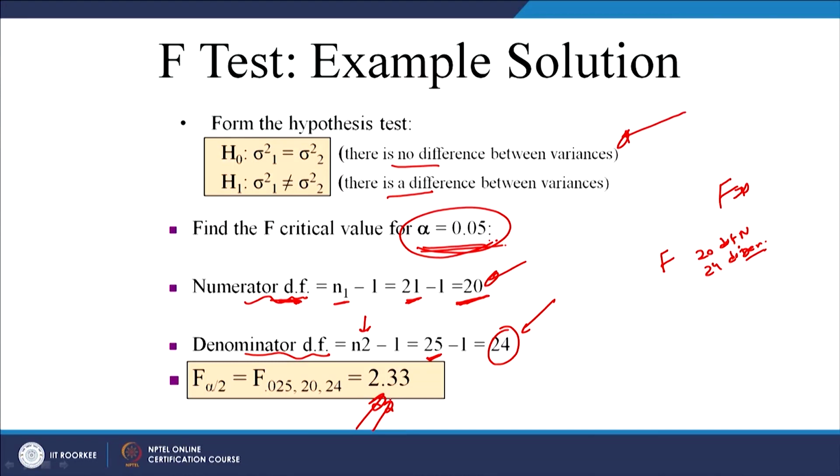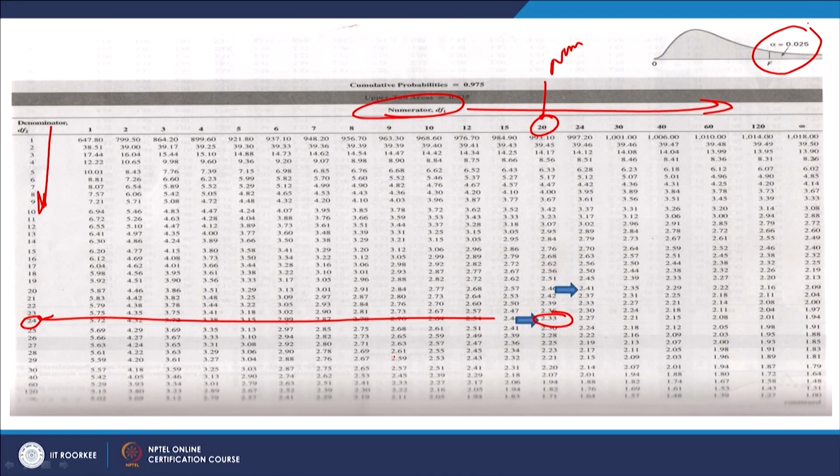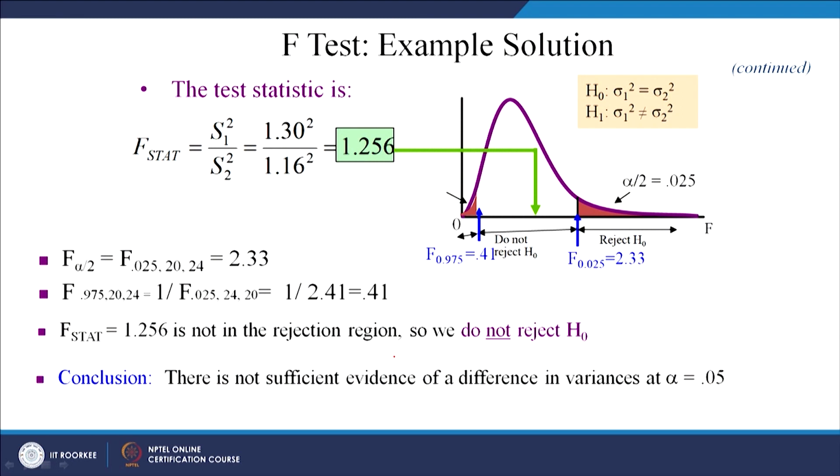So, the first F value is 2.33, which we have calculated. This is the upper critical limit. Now, you need to find the lower critical limit as well.